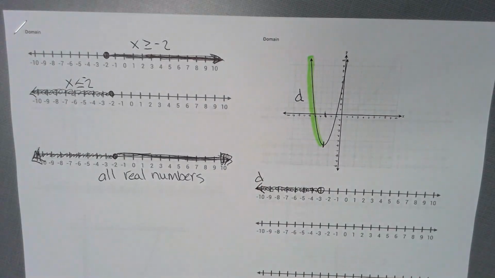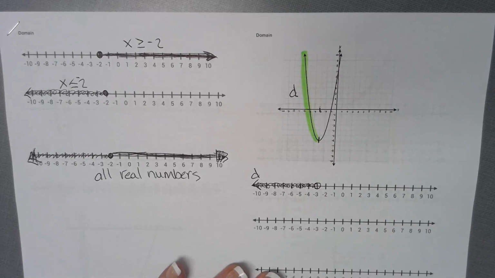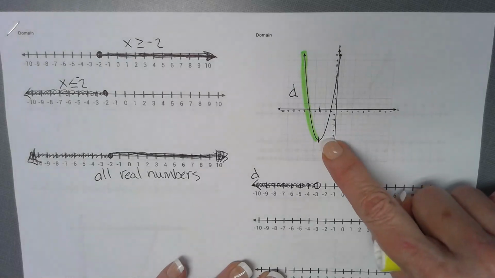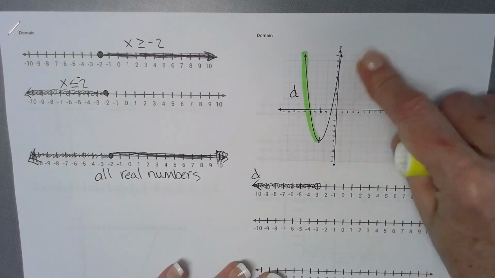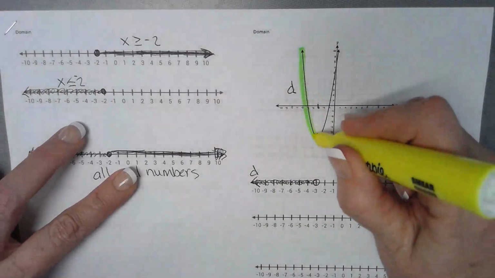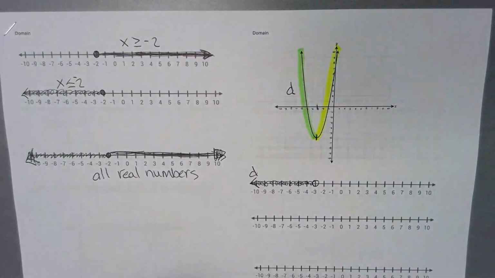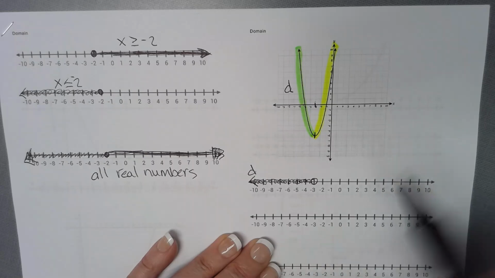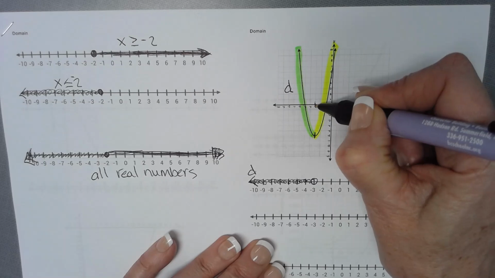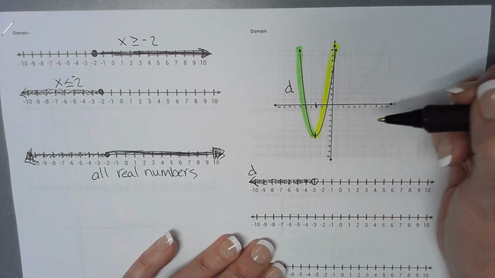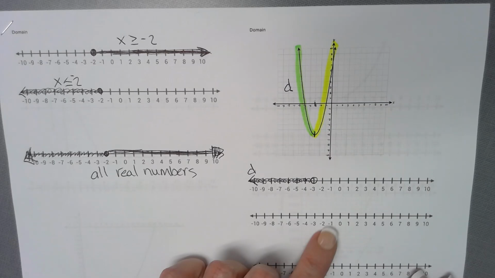Okay. Now, if we had kept going, what happens over here? That's where we're increasing. We used part of our domain values to answer where this is decreasing. Now the increasing is on the right side of -3. So let's put that on this number line.